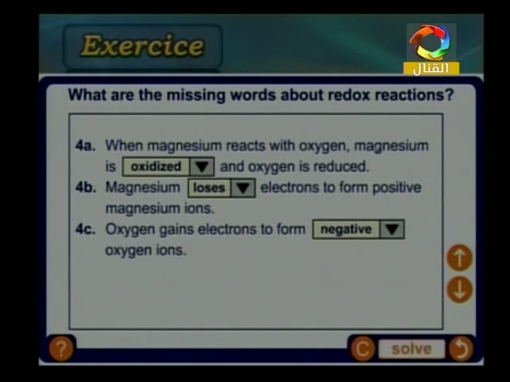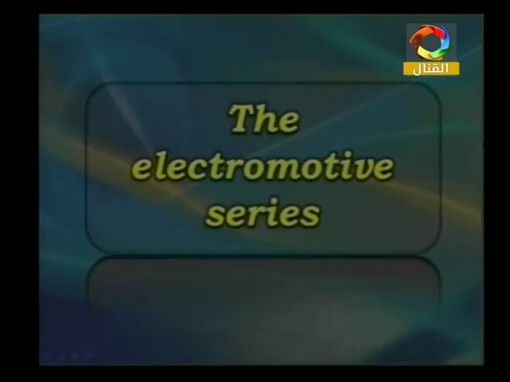So after that we have the electromotive series. What's meant by the electromotive series? The electromotive series means a series of some elements that are arranged according to what? Let's go see.